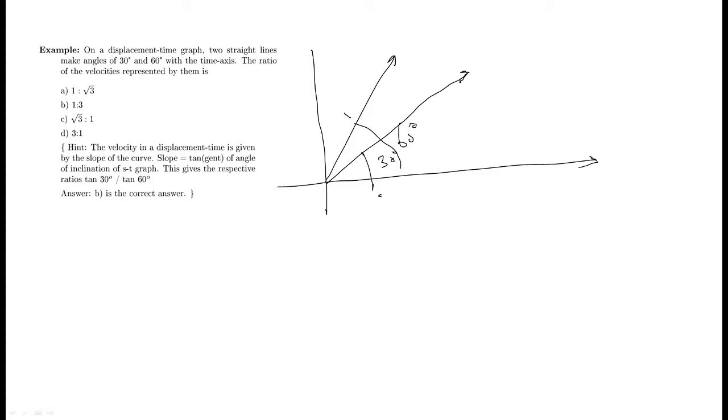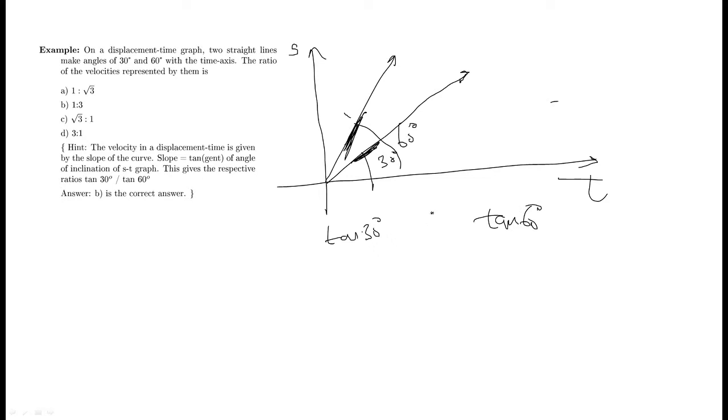We know that velocity is the tangent of the angle of inclination of the displacement time graph. So this slope is tan 30 and the other slope is tan 60.